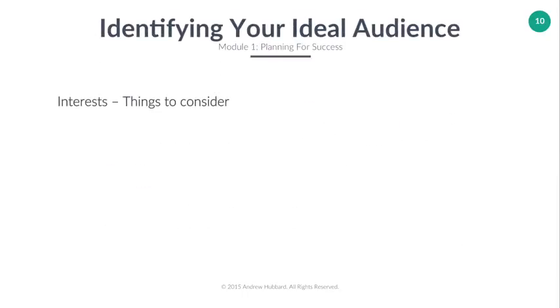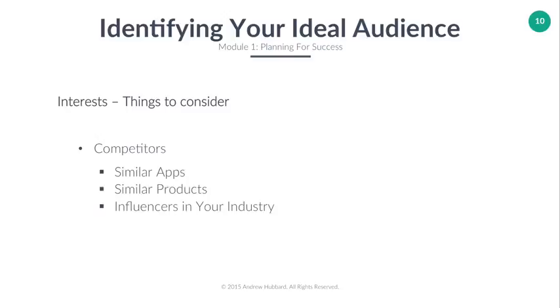And one last thing we want to think about with interests is competitors. So you should be starting to think about what are some similar apps that my ideal audience are likely to use? What apps would this person have on their phone? What products would they buy? And who are the influencers in the industry that they would read, listen to, speak to, anything like that?